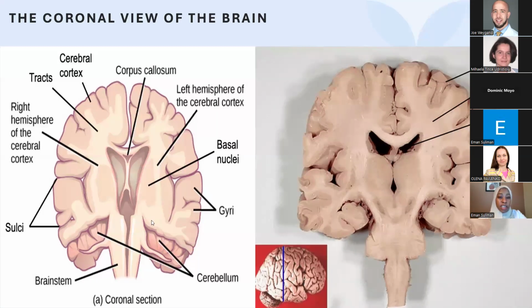I will get into detail later. And here is the picture showing the gray and white matter and the ventricles, and here the corpus callosum. This view shows only a very small part of it.